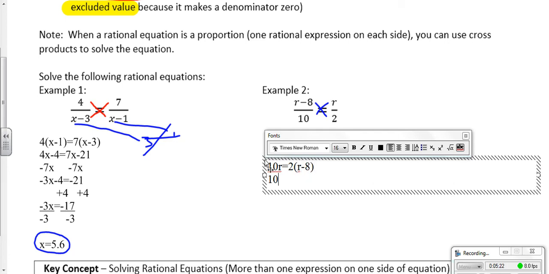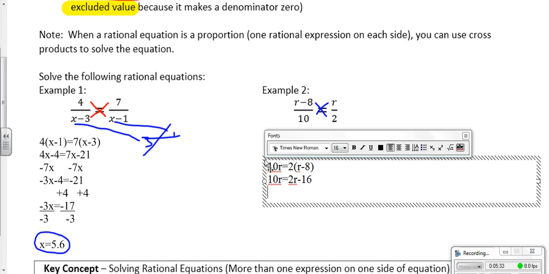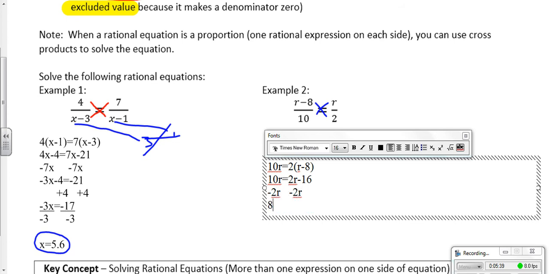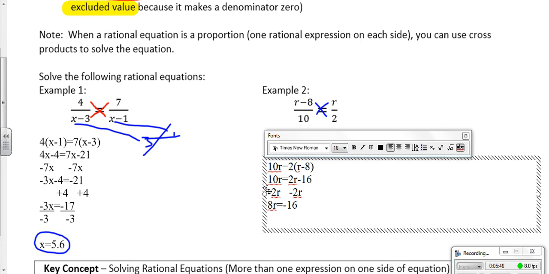I distribute the 2, and it will be 2r minus 16. I subtract 2r from both sides. That will give me 8r equals negative 16. I divide by 8.